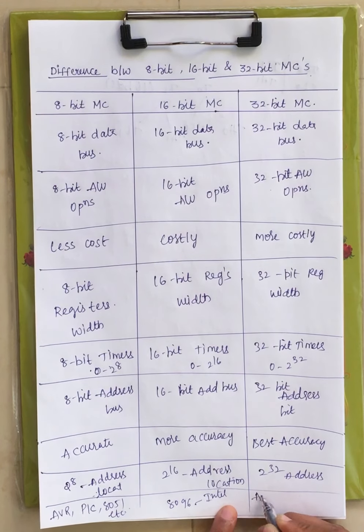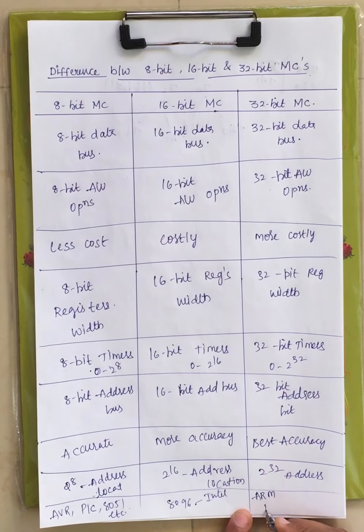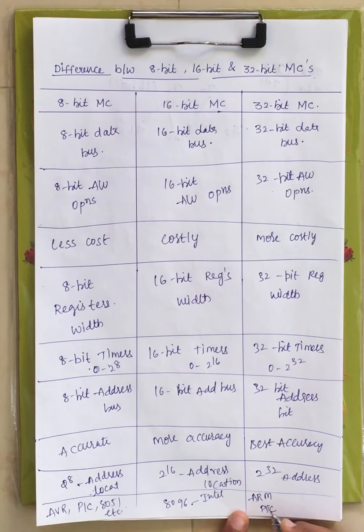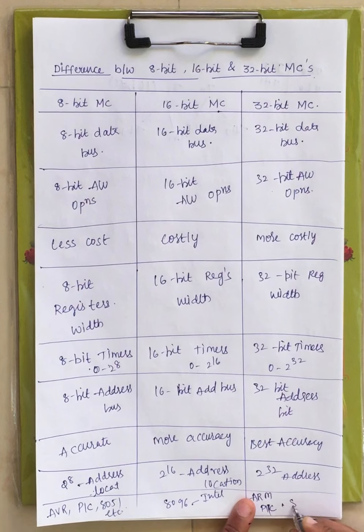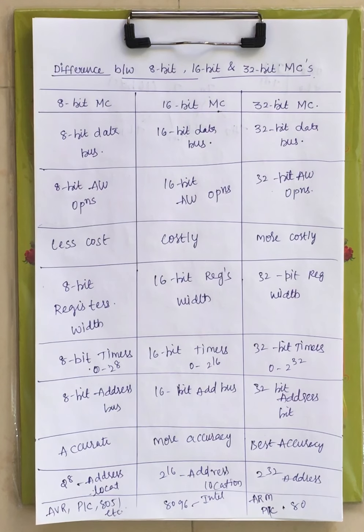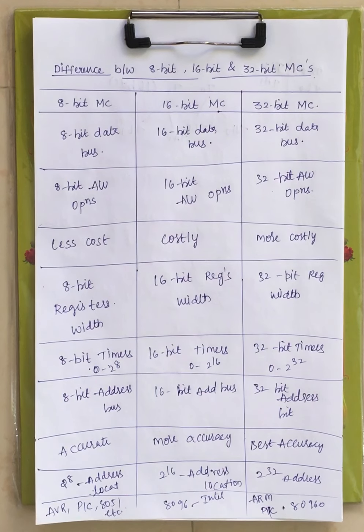And coming to 32-bit microcontrollers, you have ARM, as we call it. PIC is available under 8-bit and also available under 32-bit. And next you have 80960. These are your 32-bit microcontrollers, right?